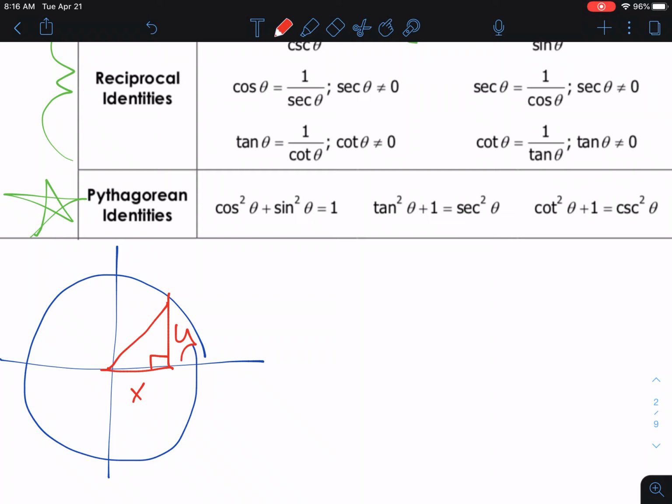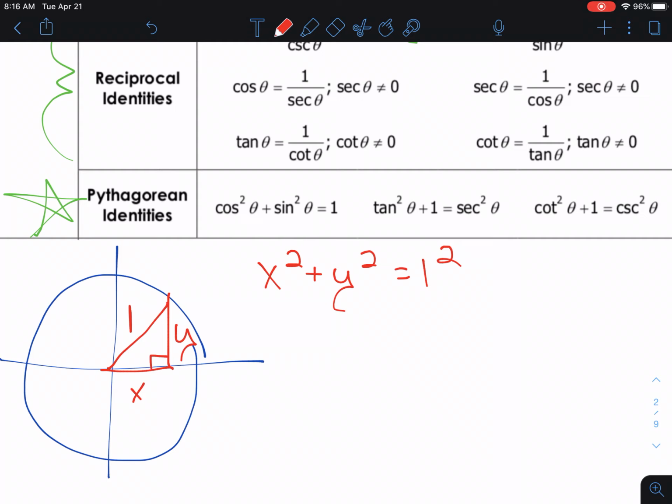And in the unit circle, the hypotenuse here would be the radius. We usually say r, but we know that in the unit circle that's 1. So if we use that and our Pythagorean theorem, we get x squared plus y squared equals 1 squared.